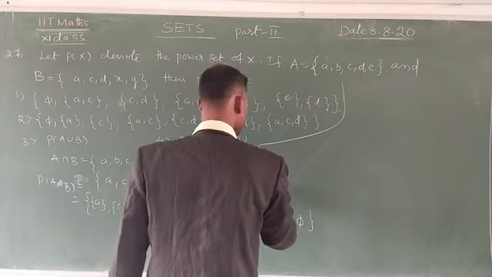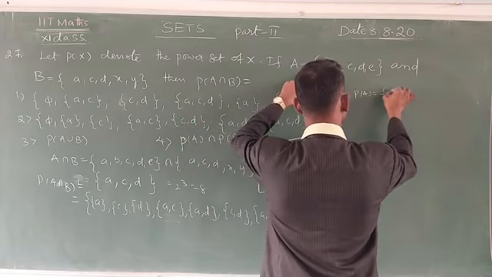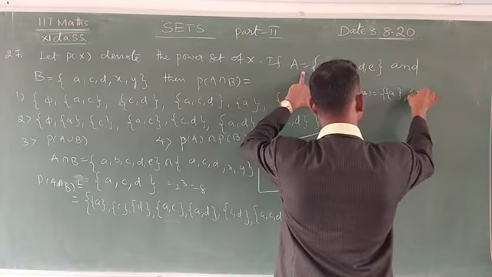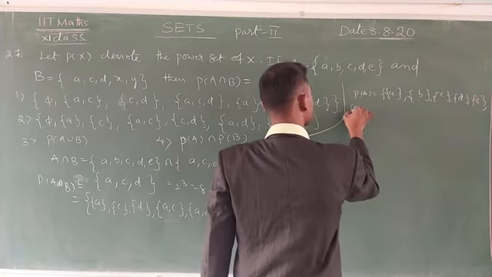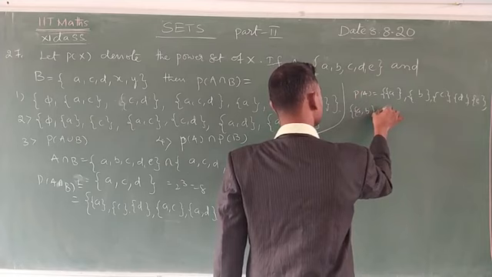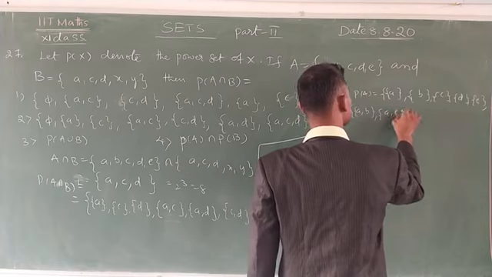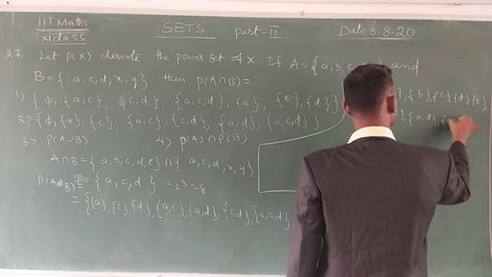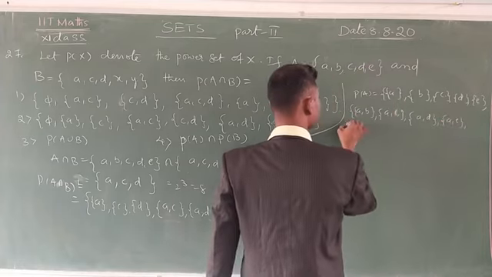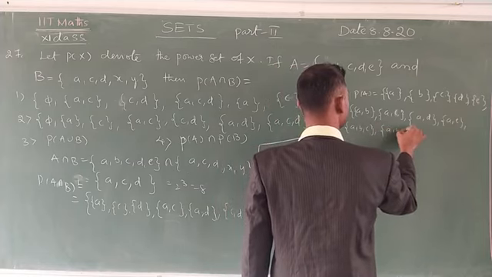Now see here how it is. P of A is equal to power set of A, means here set of A, set of B, set of C, set of D, set of E, next set of A comma B, set of AC, set of A comma D, set of A comma E, set of ABC, set of ABD.